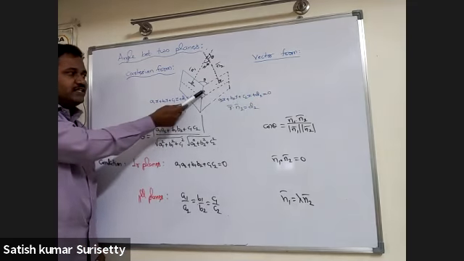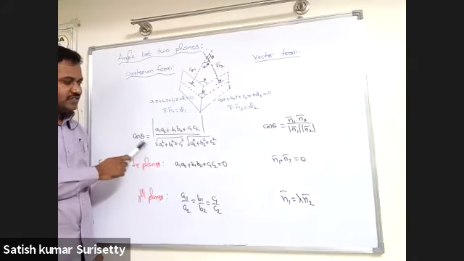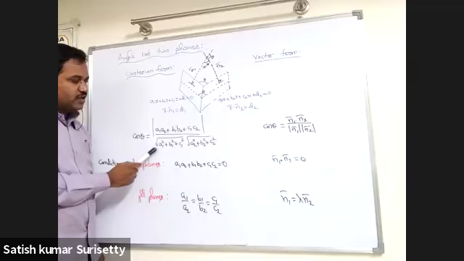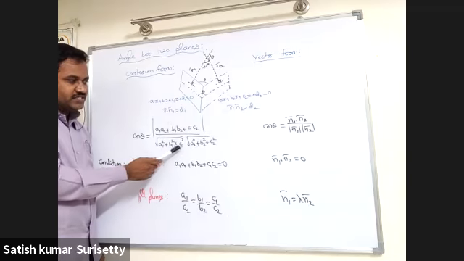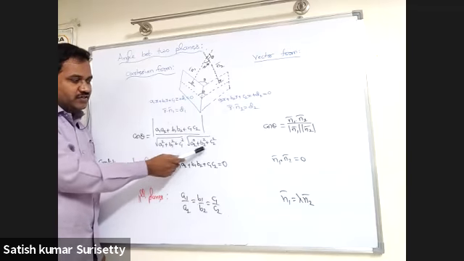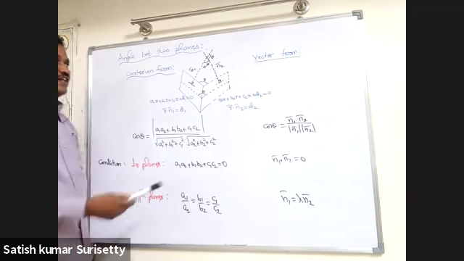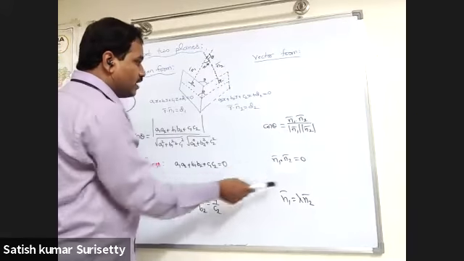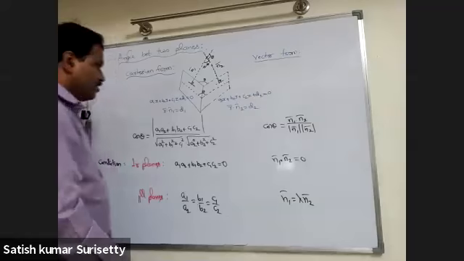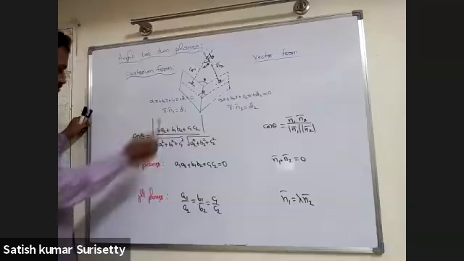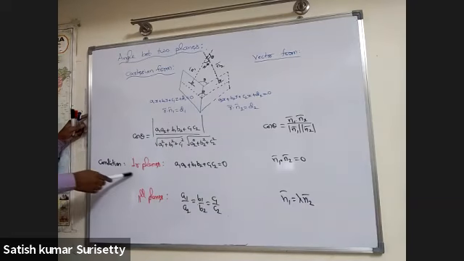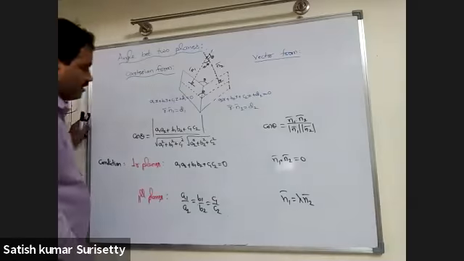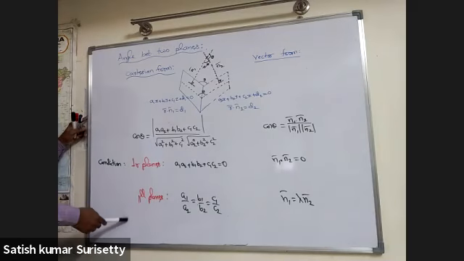If I consider theta as the acute angle, then cos theta equals modulus of a1a2 plus b1b2 plus c1c2 upon root of a1 square plus b1 square plus c1 square times root of a2 square plus b2 square plus c2 square. Whereas in vector form, cos theta equals n1 bar dot n2 bar upon modulus of n1 bar times modulus of n2 bar.